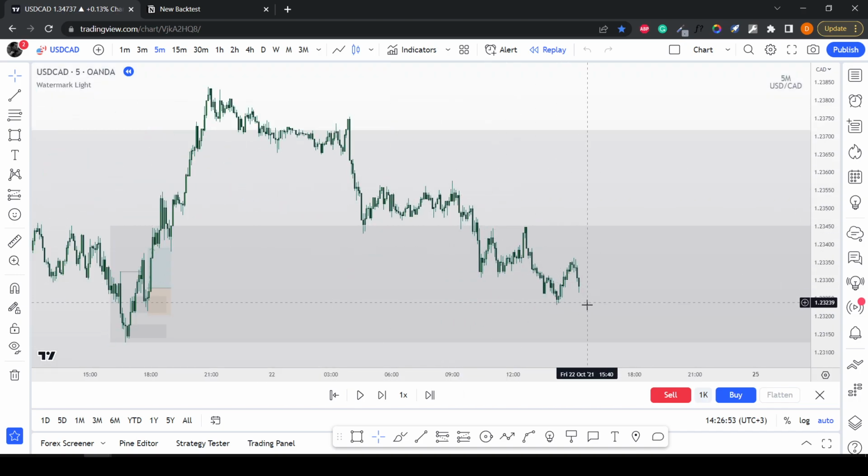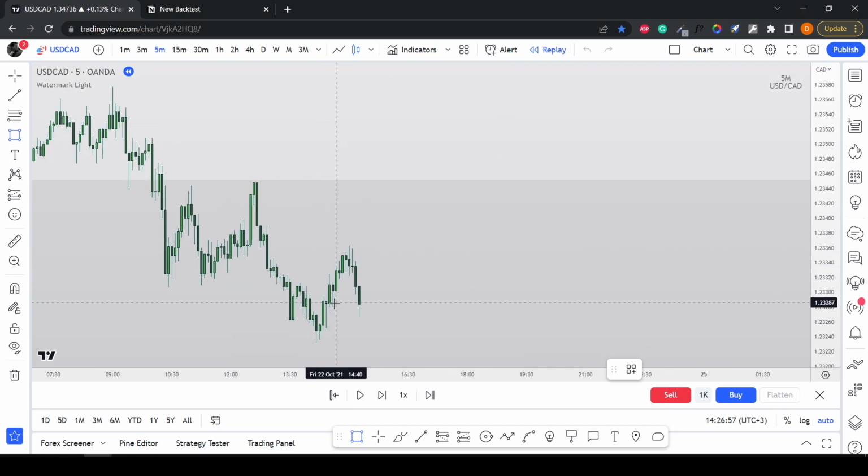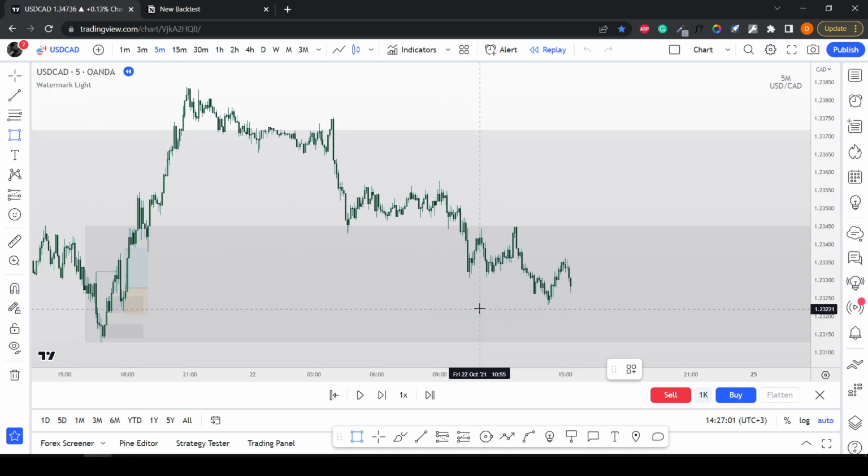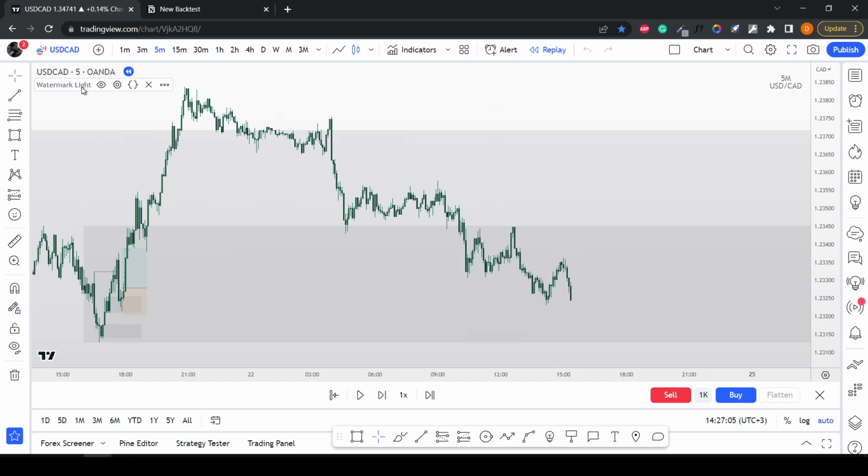And this is the first shift of structure. Again, don't like this one, everything is mitigated. This is only the first shift basically. I would like to give it a bit more time.